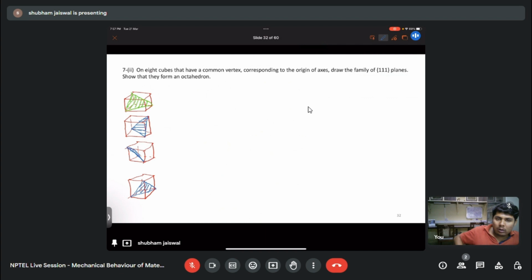Similarly on the bottom side also we will draw the 111 plane. So now try to answer it. It's very easy.